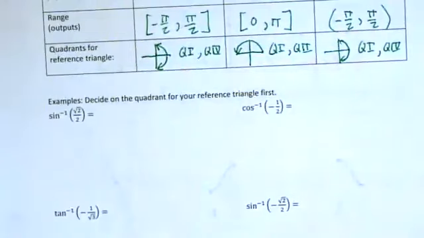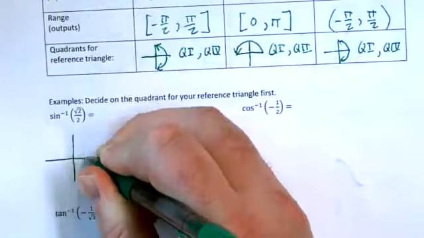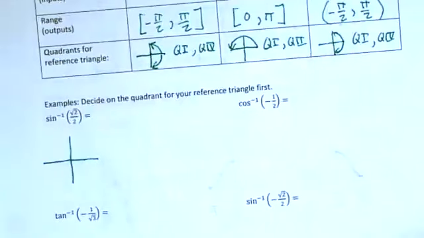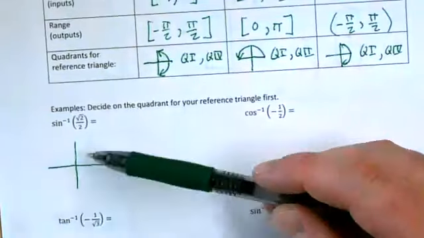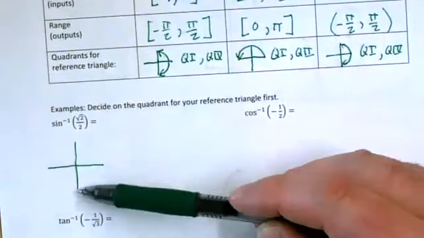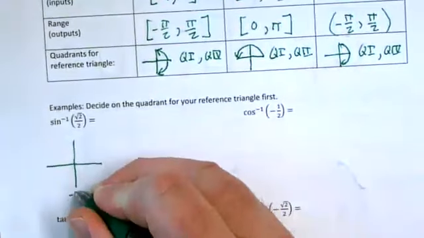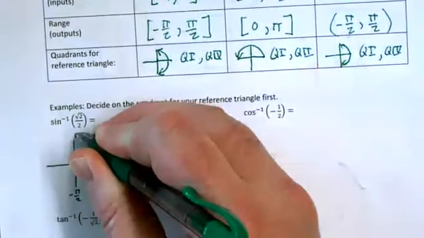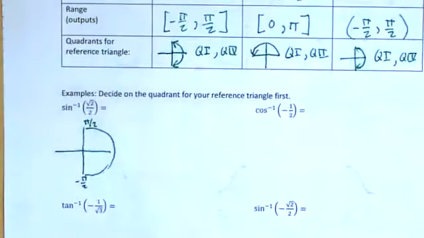All right, so let's set up a reference triangle here. It's inverse sine, so we know that we are dealing with a reference triangle in either the first or fourth quadrant because sine goes from negative pi over 2 to positive pi over 2. So it's got to be in one of these two quadrants.